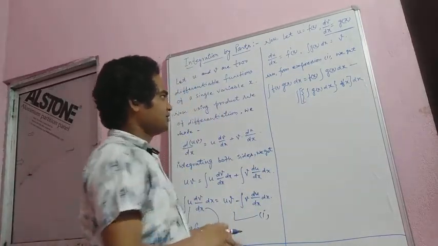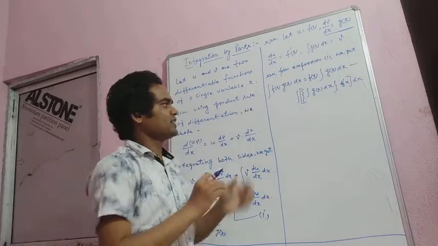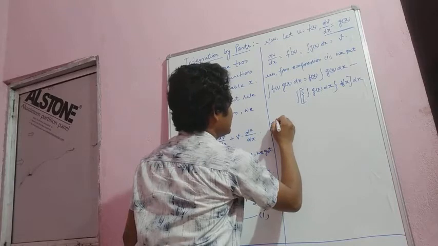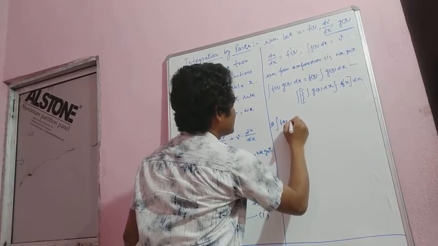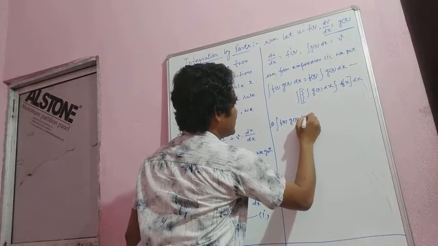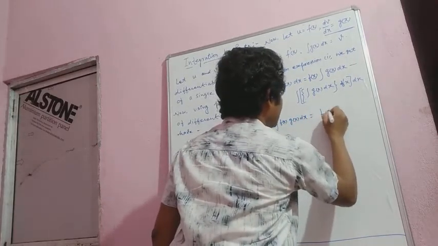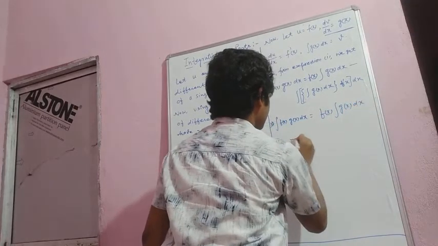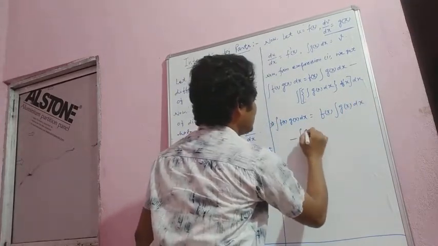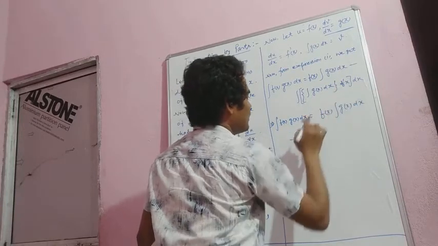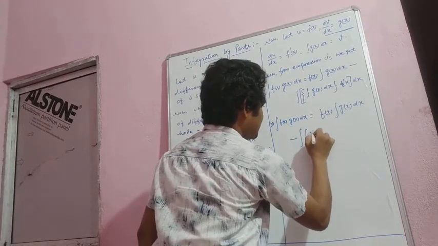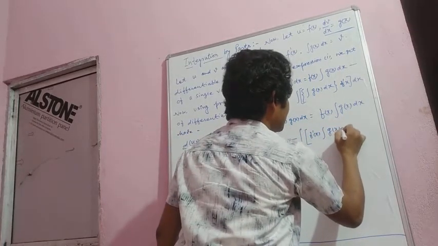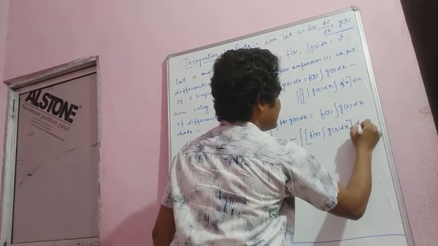Now, students, we can arrange this expression. It implies the integral of f(x) g(x) dx is equal to f(x) into the integral of g(x) dx, minus the integral of the differential coefficient of f(x), that means f'(x), into the integral of g(x) dx, with dx for this integration.